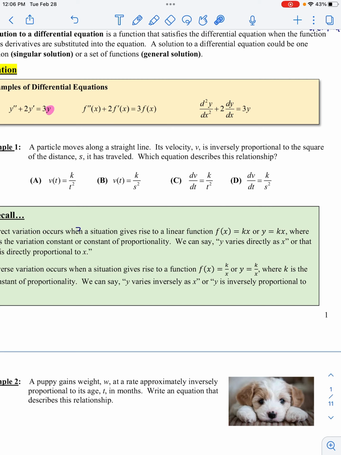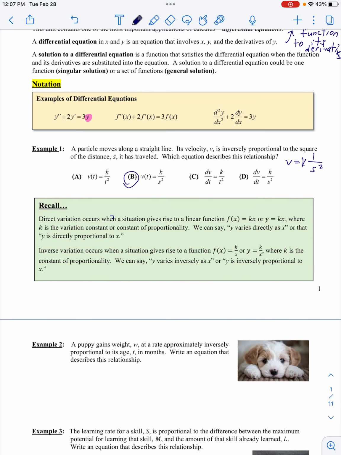Inversely proportional means it equals 1 over the thing, so it's proportional to 1 over s squared, equal to a constant times that. So v equals k over s squared. That's actually not a differential equation.